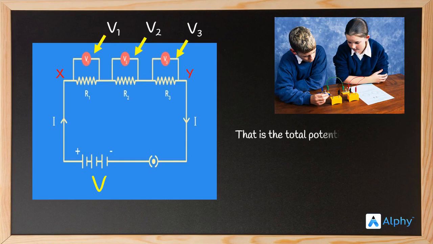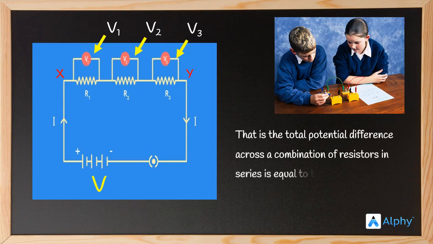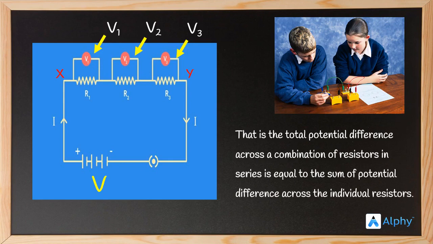Now, the total potential difference across a combination of resistors in series is equal to the sum of potential differences across the individual resistors. So basically the total potential difference is equal to the sum of individual potential differences.